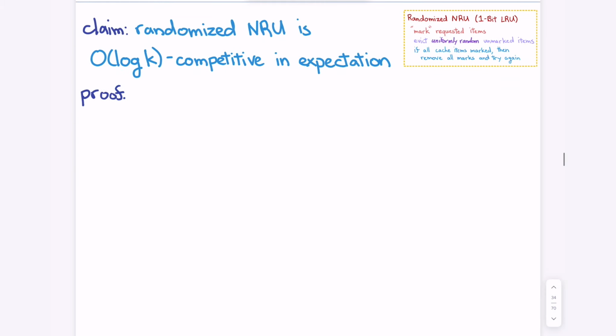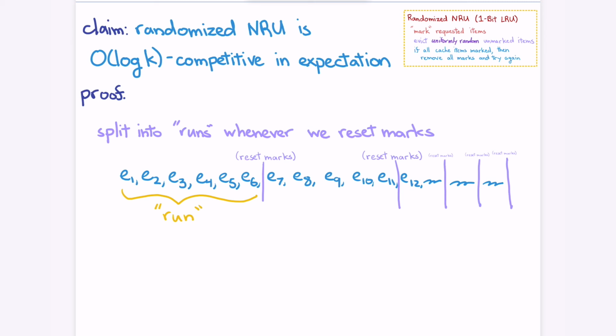All right, so let's prove that we're going to get a much better bound if we just choose it randomly instead of clumsily. I think it's going to be the same setup as before. We'll still split into runs whenever we reset the marks. And one thing nice is that we'll still have some of the same properties as before.